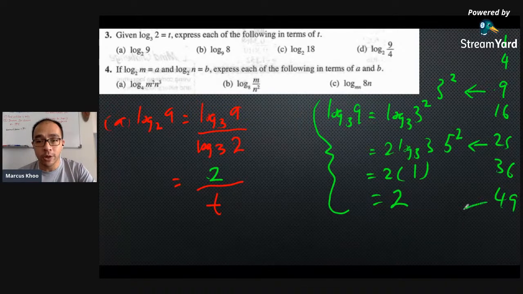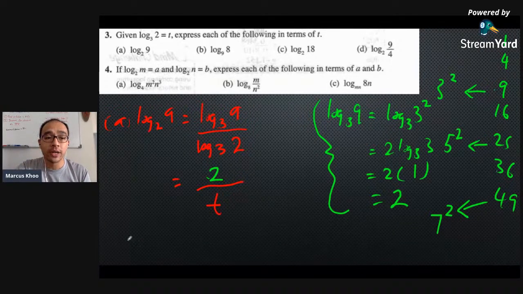If I see 49, I know that it's 7 squared. As I said, this kind of thing will only come naturally to you if you do a lot of practice on this. I know, I keep going back to practice, but it's true, you need to practice. When you practice, it makes things much easier.